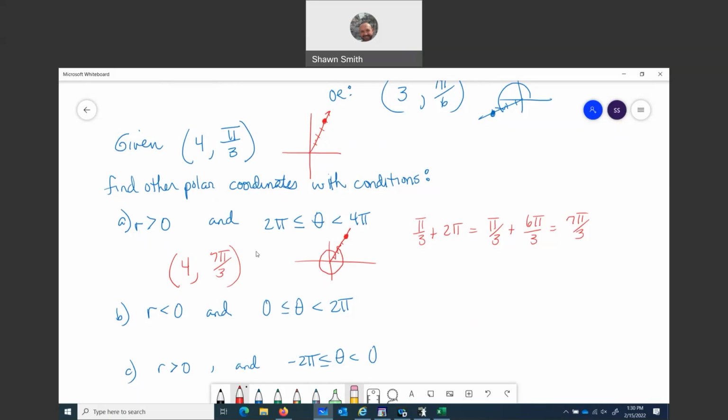All right, r has to be negative, so we need to put a negative 4. If we want a negative 4, it means I'm backing up away from the angle that would be formed in quadrant 3, right? So the angle should be in quadrant 3. That's taking the given angle and adding 180, or pi, so that's going to be 4 pi over 3.